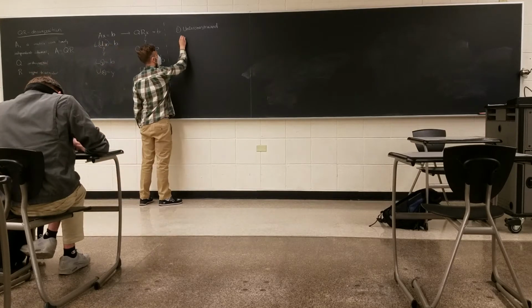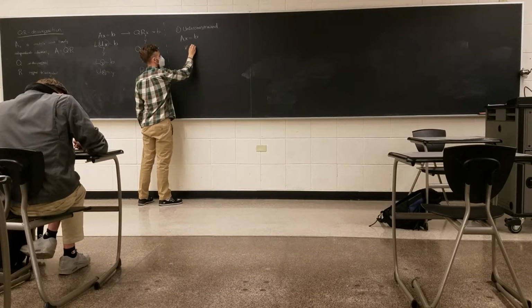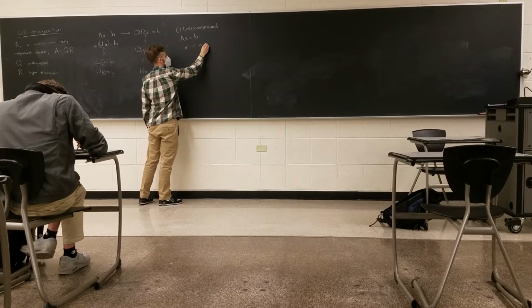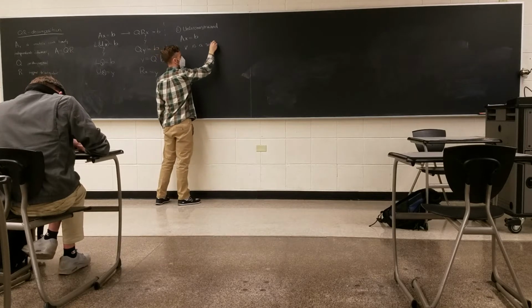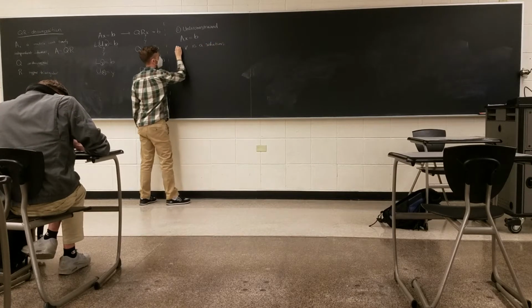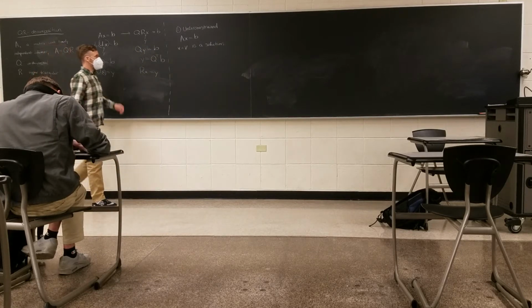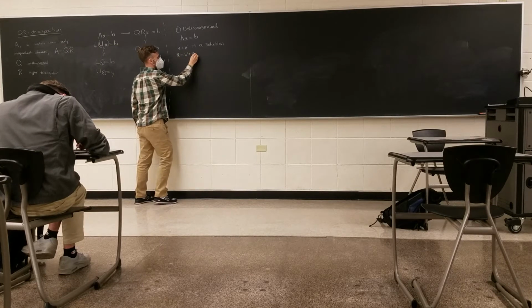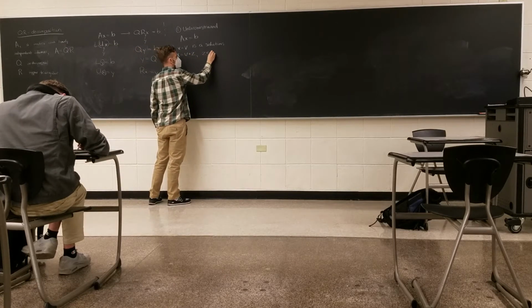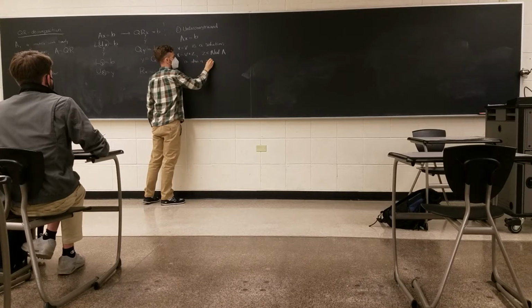So if we had AX equals B, and X equals V is a solution, then X equals V plus Z, with Z in the null space of A, is also a solution.